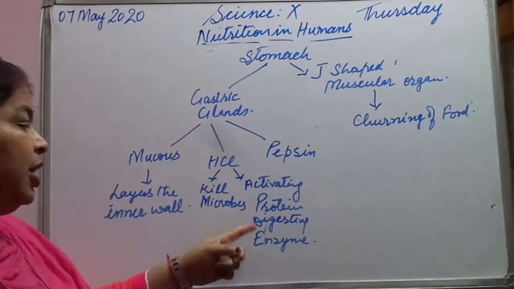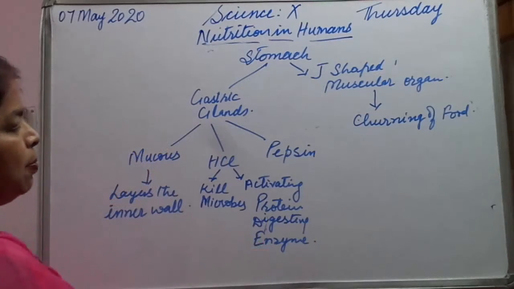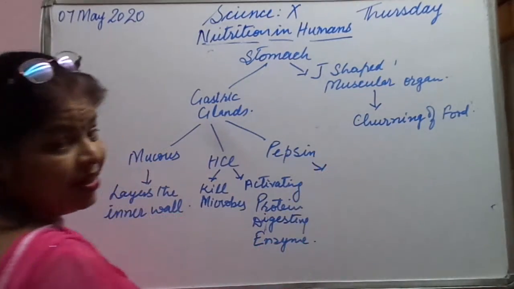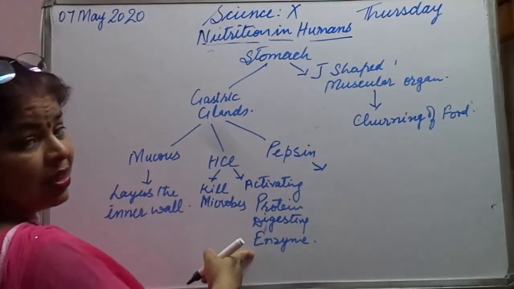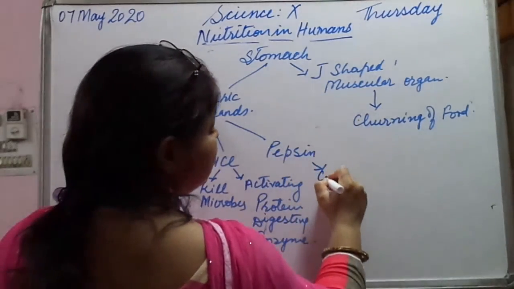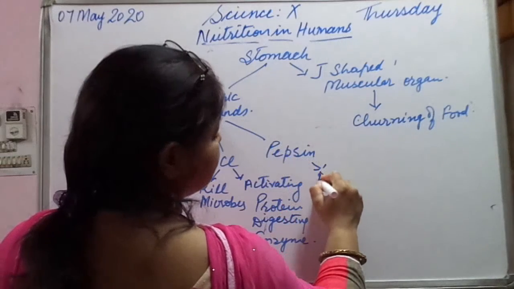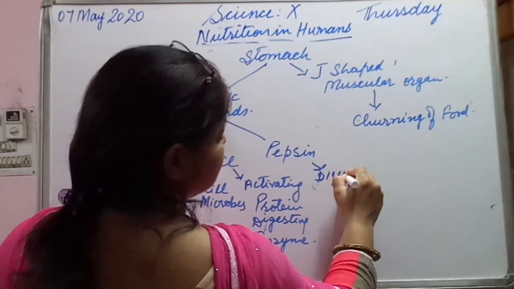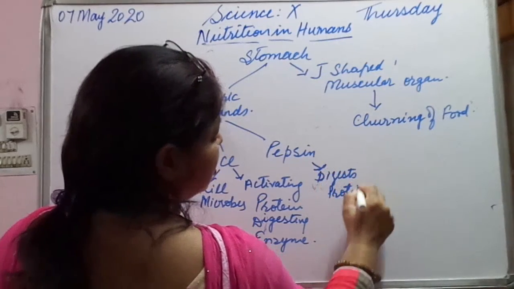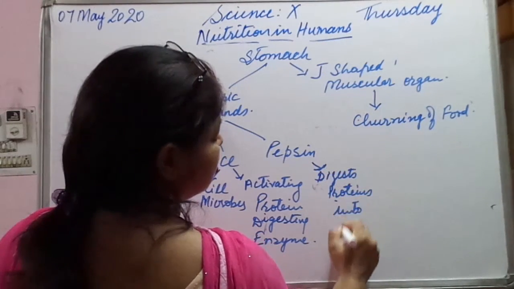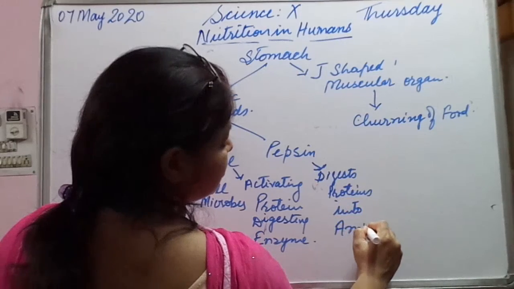And pepsin, what does it do? This pepsin is activated with the help of HCl, and pepsin digests proteins into amino acids.